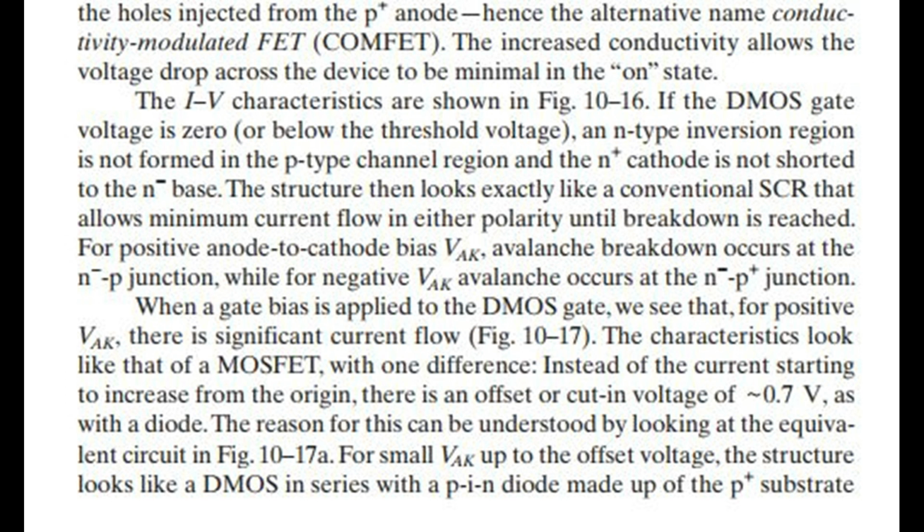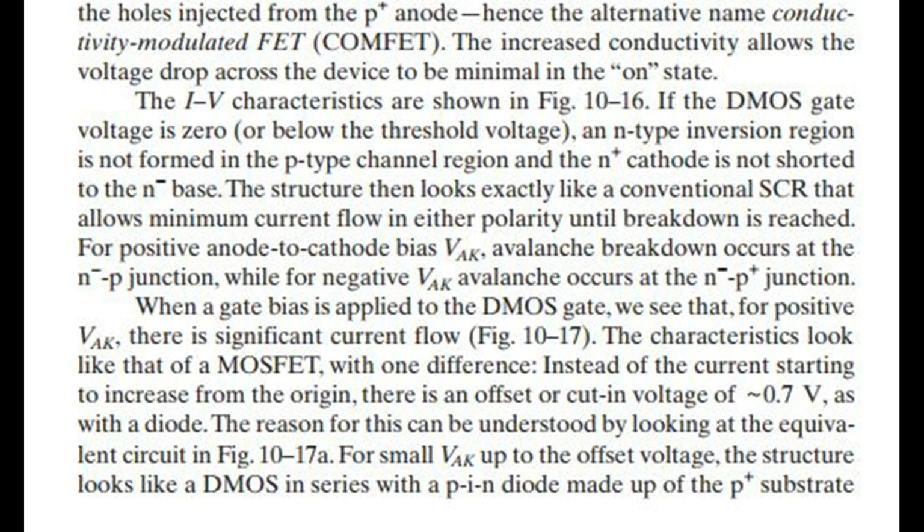The characteristics look like that of a MOSFET, with one difference: instead of the current starting to increase from the origin, there is an offset or cut-in voltage of 0.7 volts, as with a diode. The reason for this can be understood by looking at the equivalent circuit in Fig 1017a.